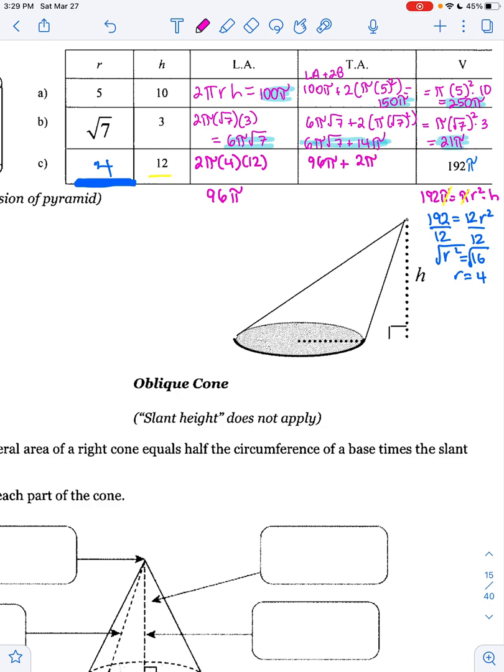So 2 pi, and then r squared would be 4 squared. 4 squared is 16, times 2 is 32. So we have 96 pi plus 32 pi. And then if we add the two together, we should get 128 pi.